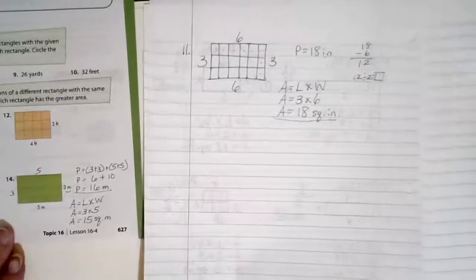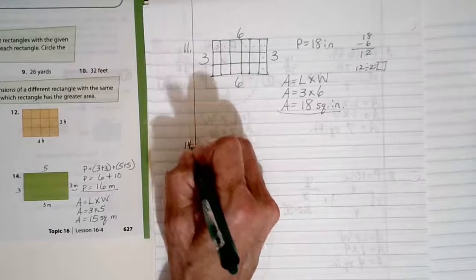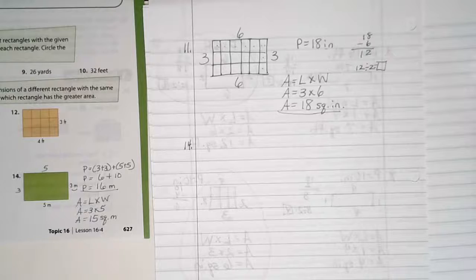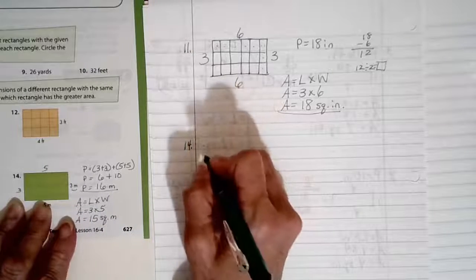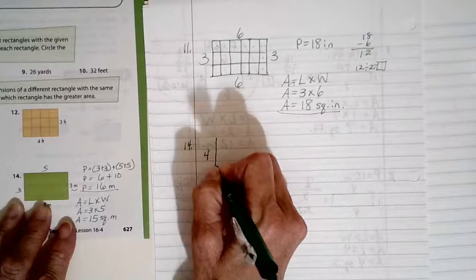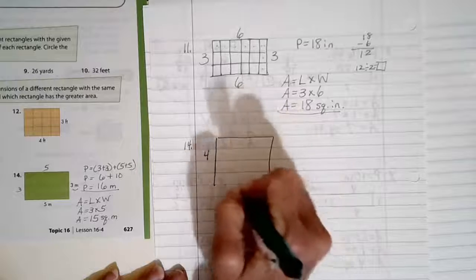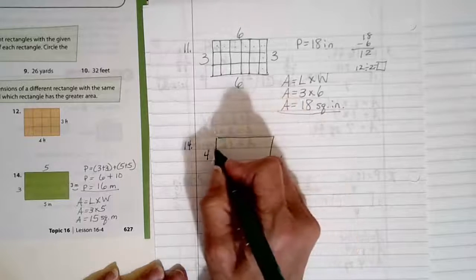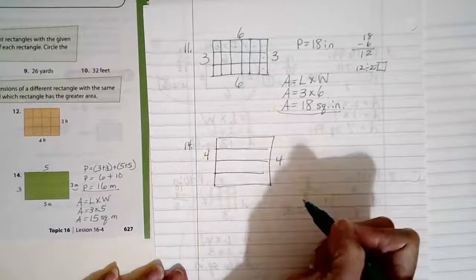And remember, our job is to draw another rectangle with the same perimeter of 16 meters, but a different area. All right? So, number 14. Same perimeter, different area. Let's see, they did 3. Let's do 4. So I've got 1, 2, 3, 4.